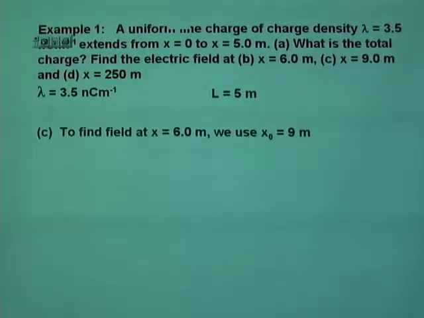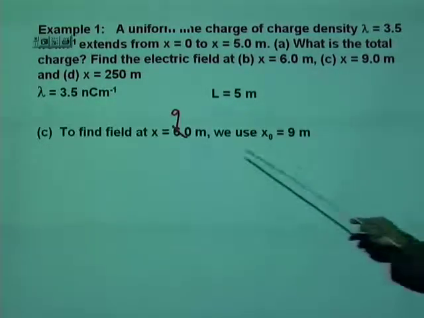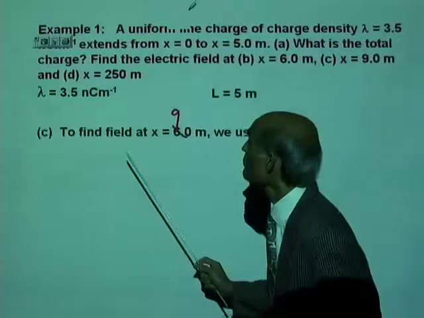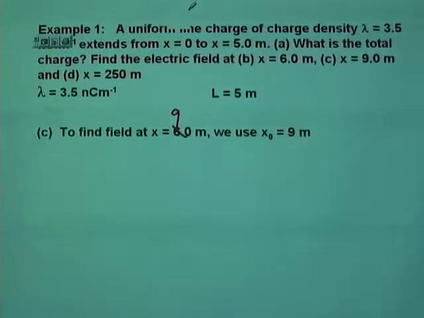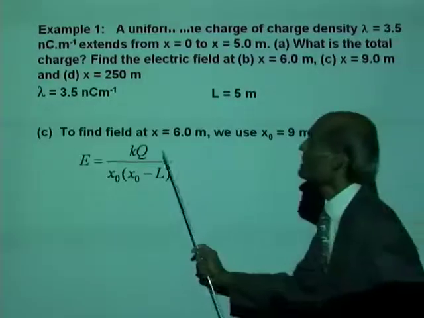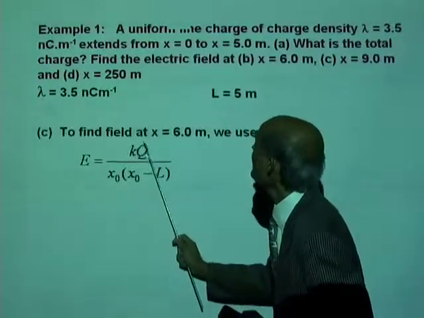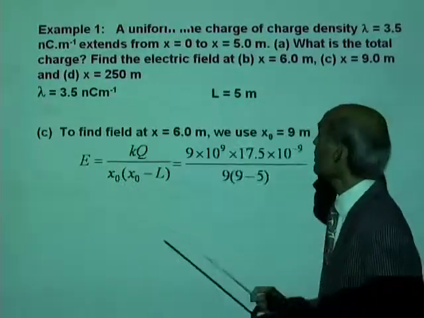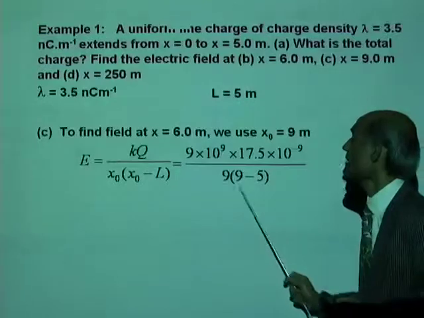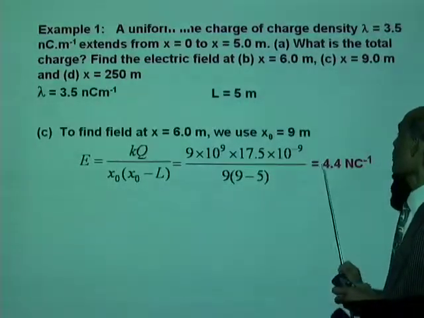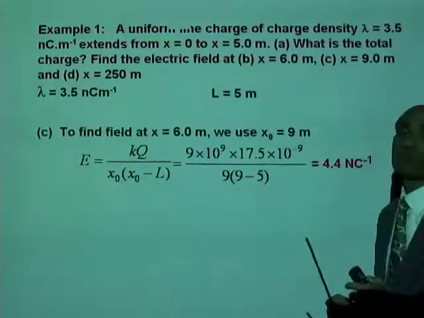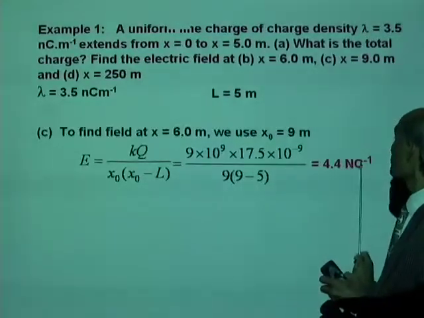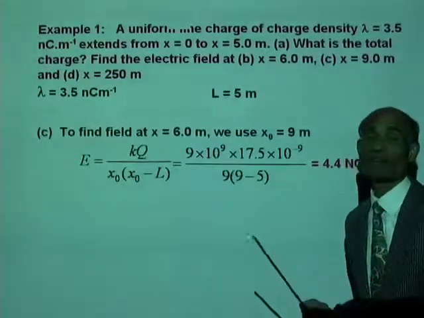We use x0 equal to 9. So the same formula, the only difference is x0 now will become 9. There you are. So replace your k and your q. You know we calculated the q. x0 is 9 and that now equal to 4.4 Newton per Coulomb, the electric field.